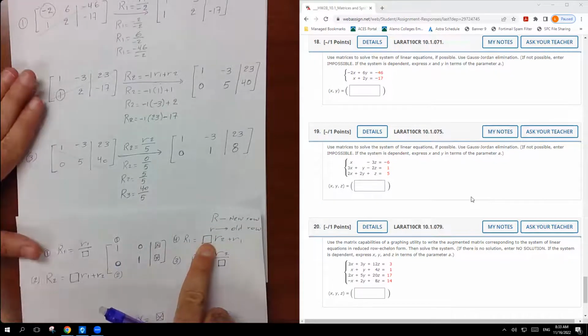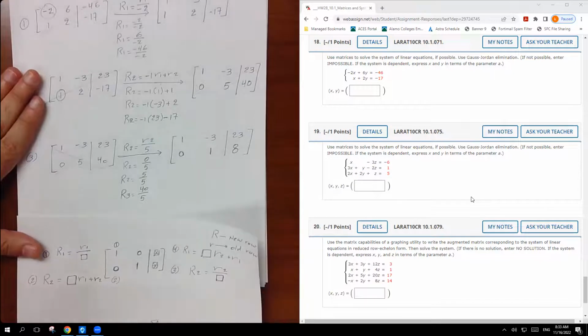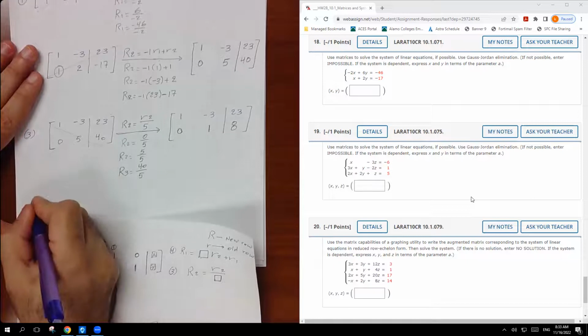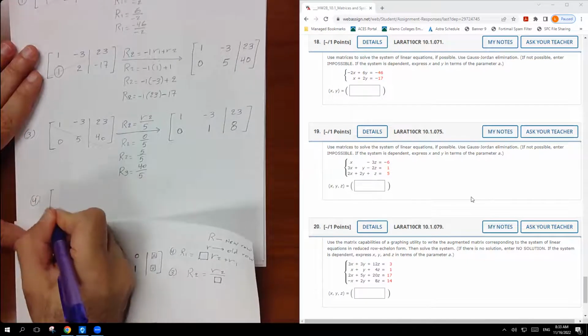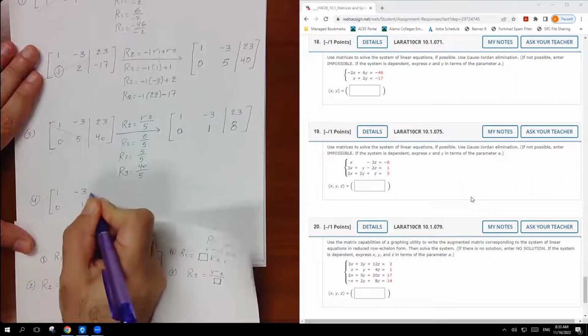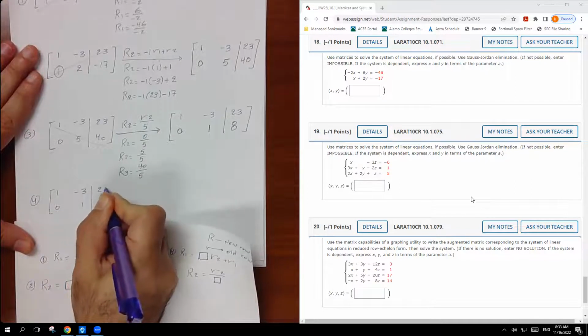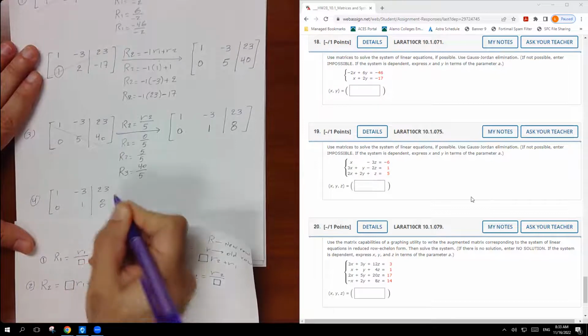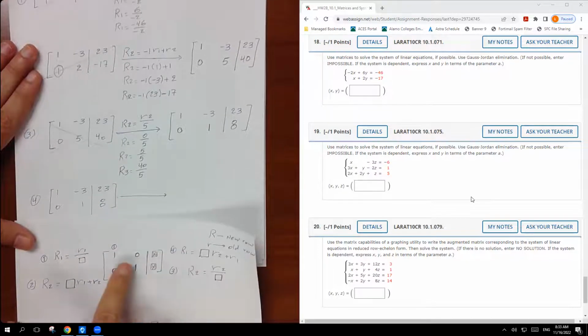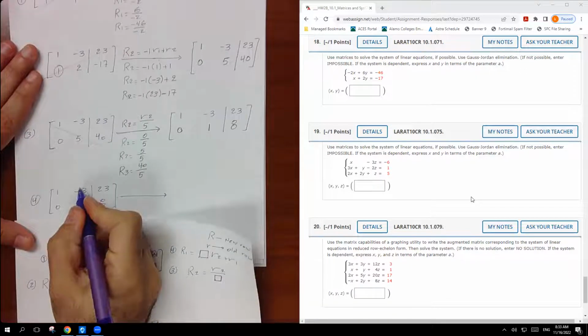So let's check our matrix. Our matrix with step 4 is 1, -3, 0, 1, 23, and 8. So the number on this location is 3.